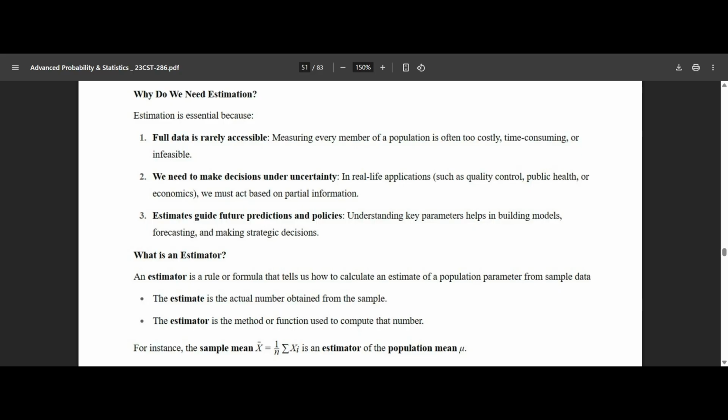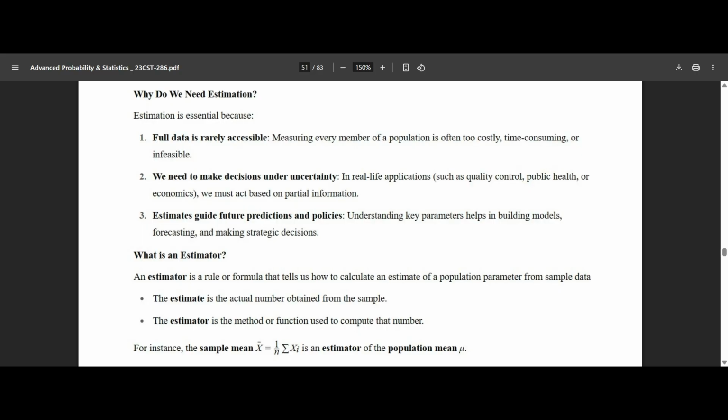Secondly, we need to make decisions under uncertainty. In real life applications such as quality control, public health, or economics, we must act based on partial information. Now you may have found out the marks of the children in your class, it's good. But what if you have to take a survey of all Indians, or all people of your country, on a certain medical issue?